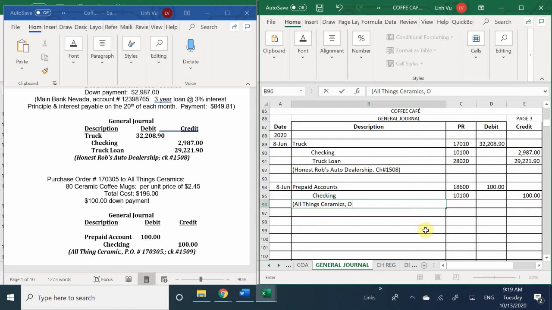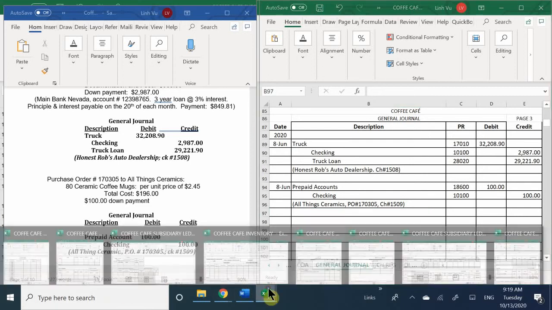So PO number 170305, comma, the check number that I wrote was just 1509. Okay. So now I completed my journal.